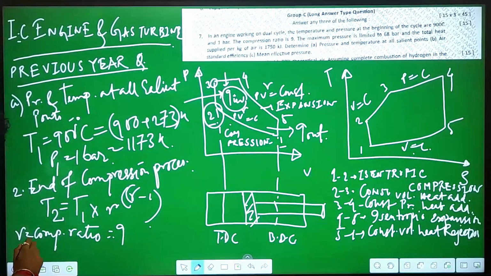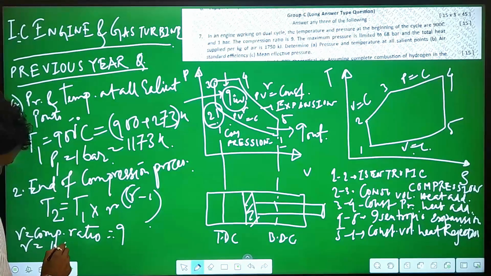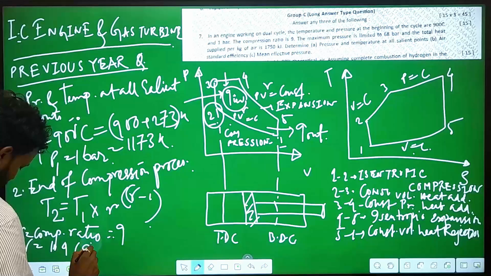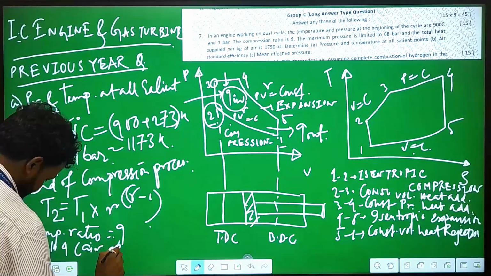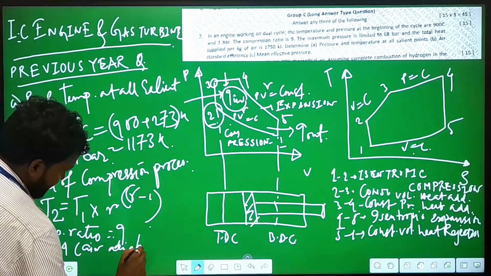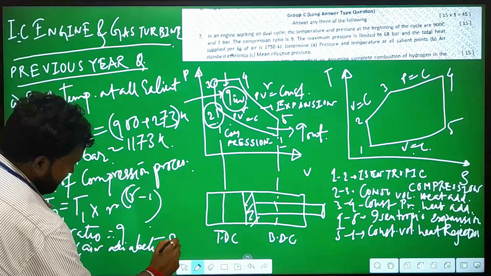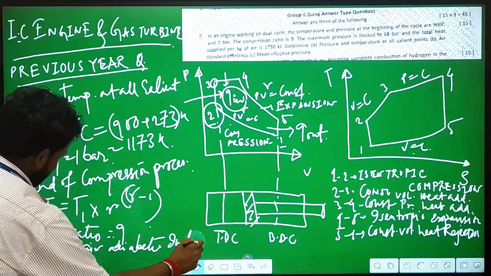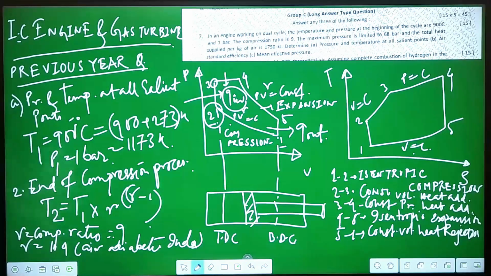Another thing is gamma equal to 1.4, the adiabatic index of air. So, gamma is 1.4 and r is the compression ratio, which is 9.